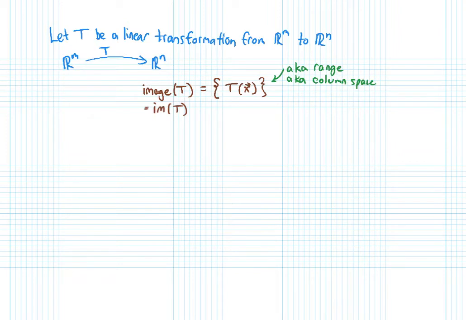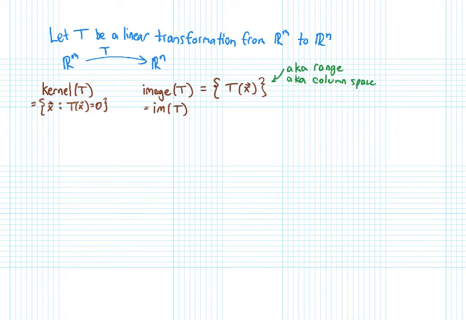Okay, so on the other side, on the domain side, you've got the zeros of T, but the more fancy term for that is the kernel. So the kernel of T is the set of all x such that T of x is equal to 0. So it is the same thing as the zeros.